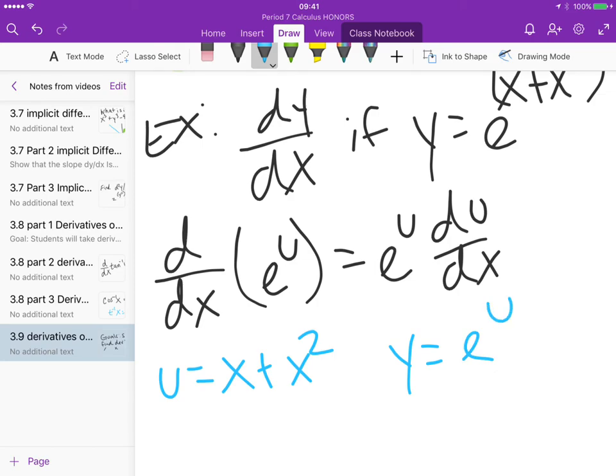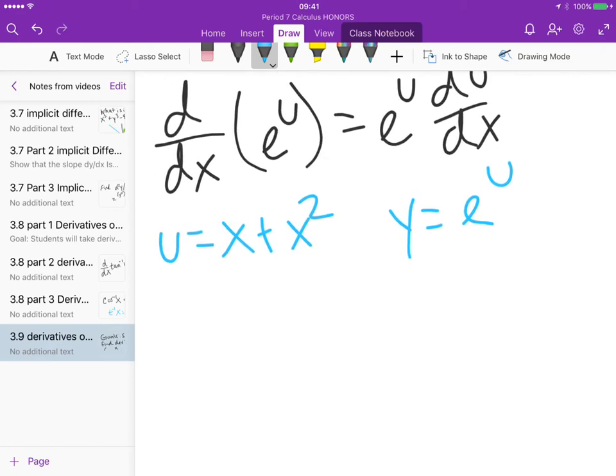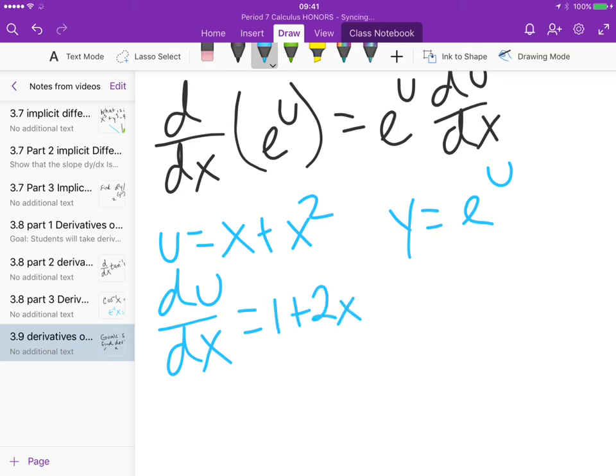Again, why is this important? Because this is going to allow us to use this formula right here. So let's find du/dx. du/dx in this case is going to be 1 plus 2x.